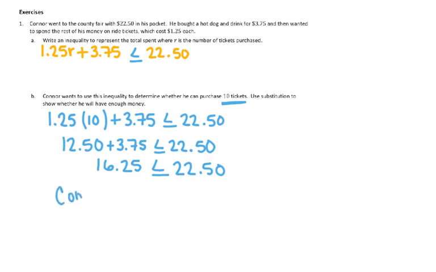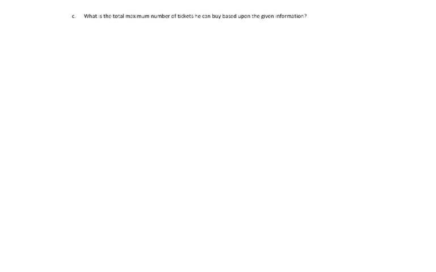So Connor will have enough money. We have shown that our inequality allows him to buy at least 10 tickets. In fact, he can buy more than 10 tickets because 10 tickets only takes him to $16.25. So let's look at part C of this problem.